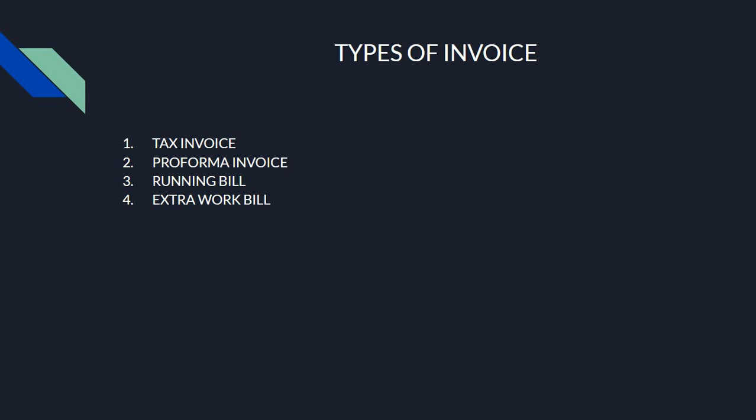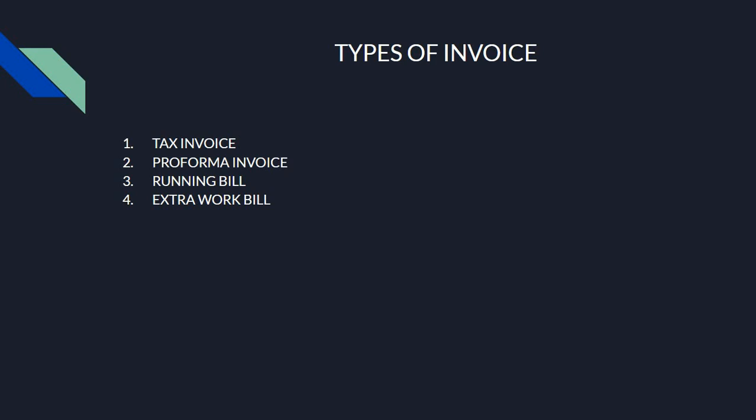The tax invoices are raised based upon stages of completion, for example, plinth level, first slab, second slab, third slab. This has been discussed at the time of signing the agreement for sale or at the time of booking the flat. This is a mutual understanding between the builder and the client.